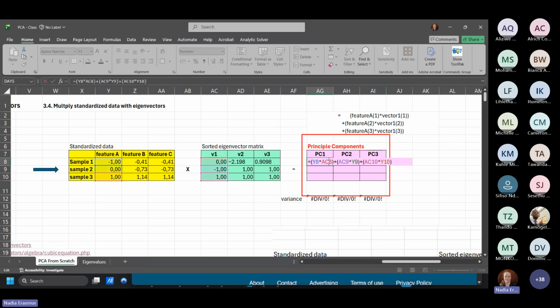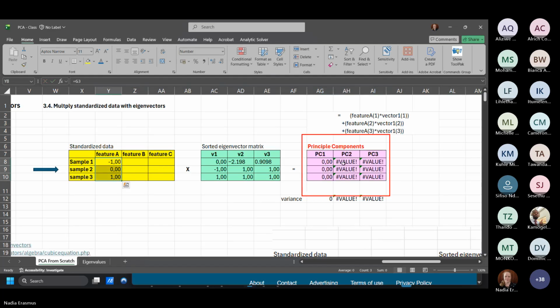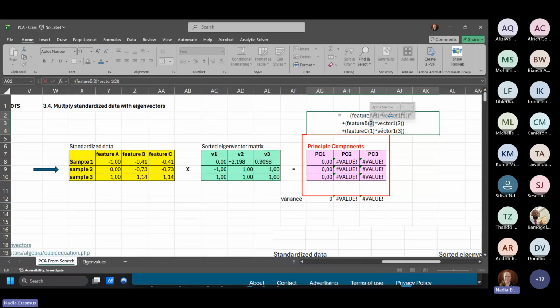This one is then for feature 1. No, this is incorrect. Why am I doing this? Vector 1, correct. Sample 1. See, this is where you make sure that it's correct.